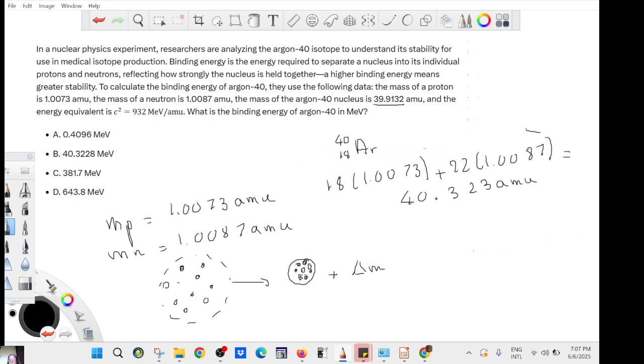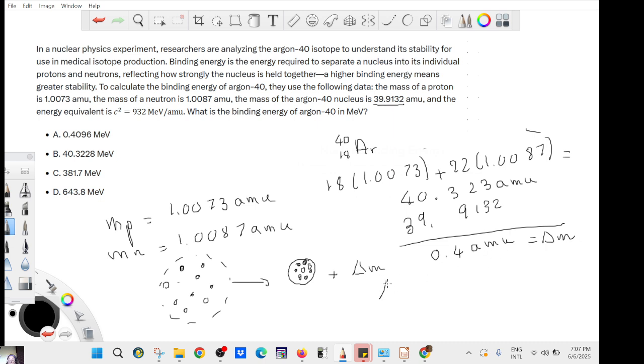Now, once they are bound together, the mass is given here, 39.9132. If you don't have to keep all the decimals, it should be about 0.4 atomic mass unit. So that will be your mass defect.